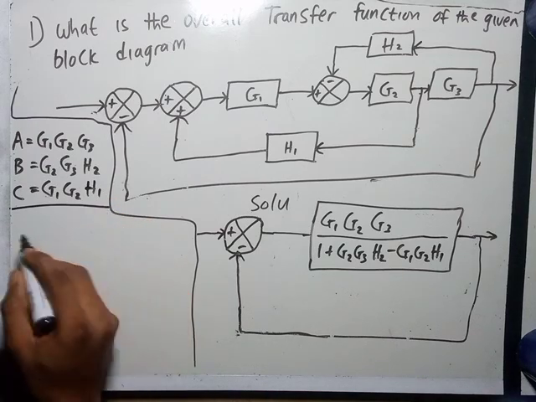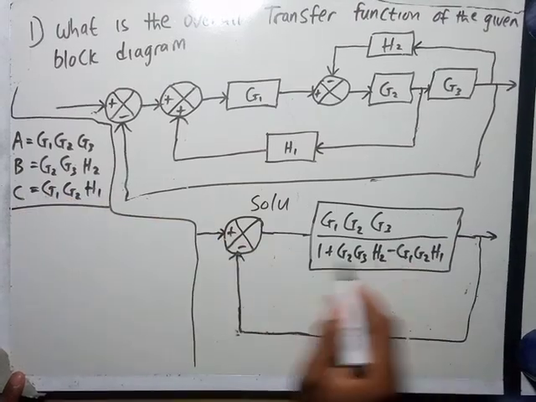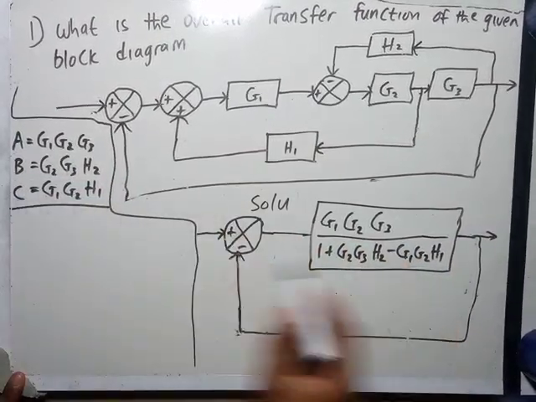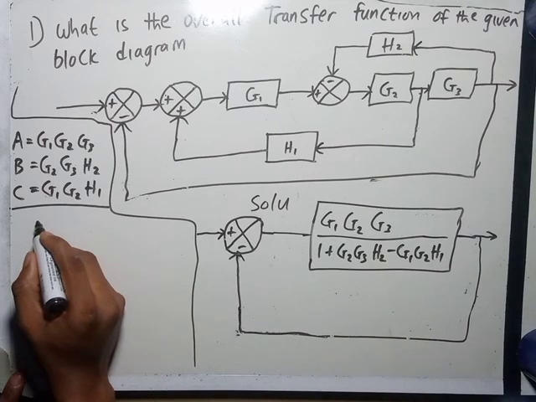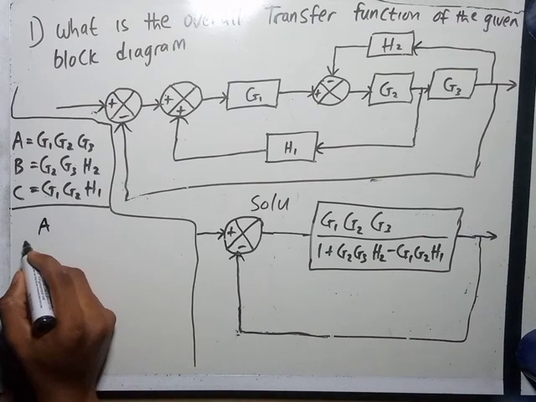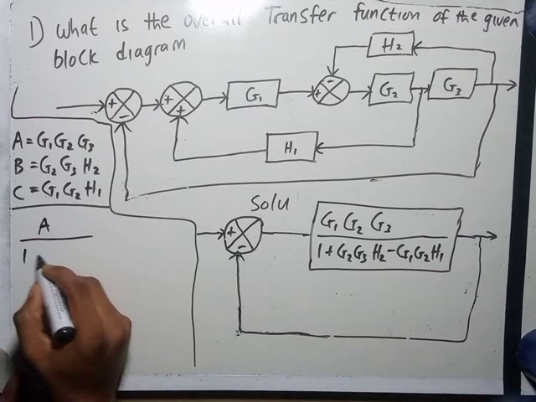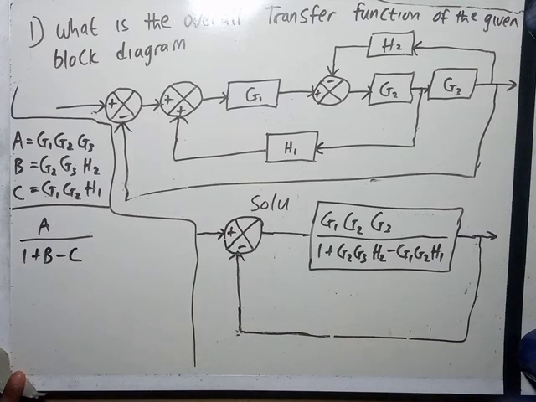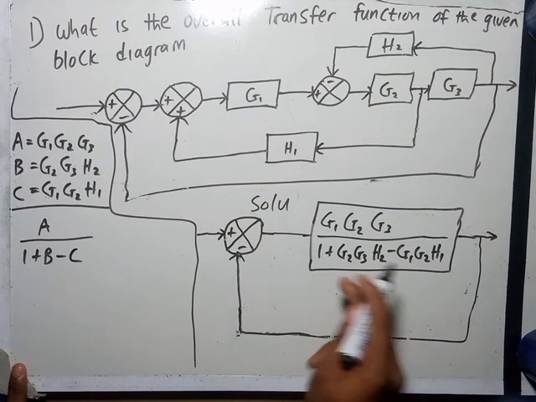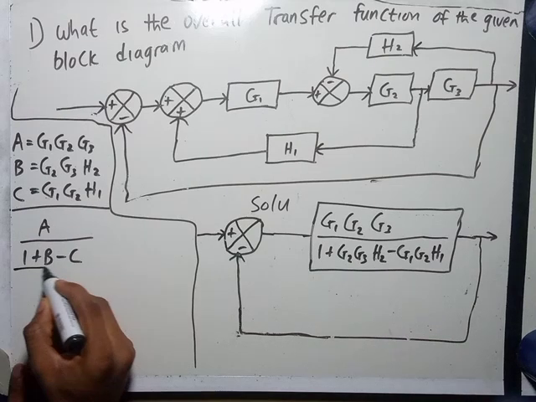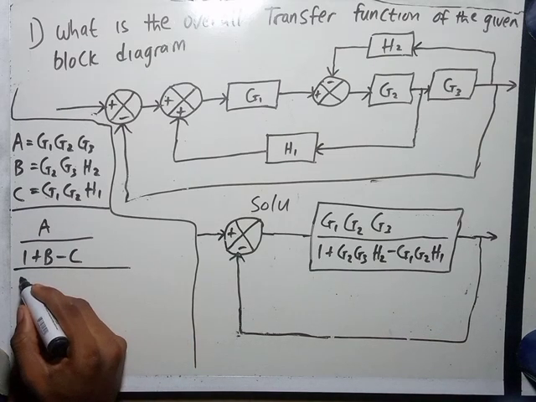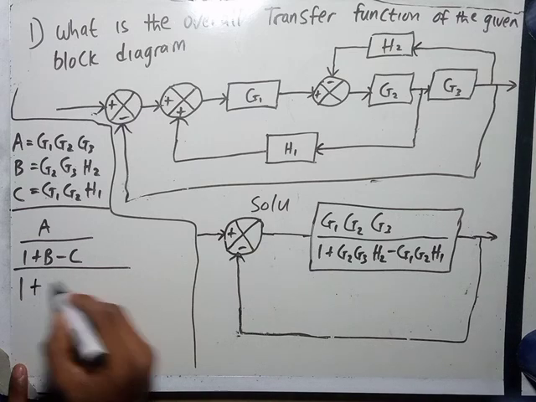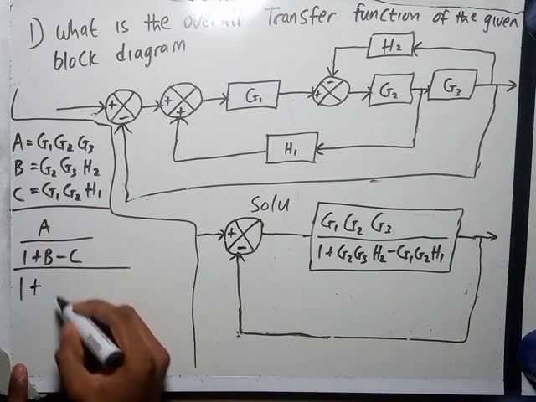So let us note this. We'll just be replacing this with that. So A is this, B is this, and C is this. So we'll be having here A over 1 plus B minus C. Now that is our numerator, all over 1. Is it going to be plus or minus? It's going to be plus because here is minus.